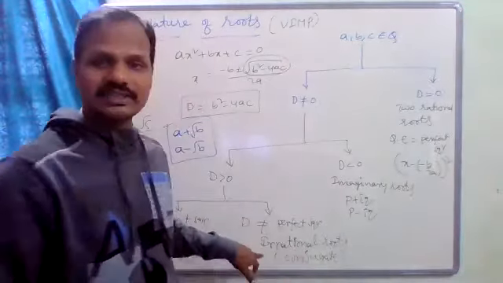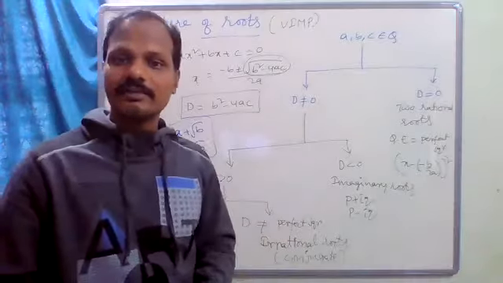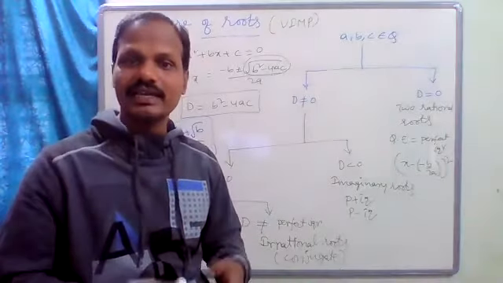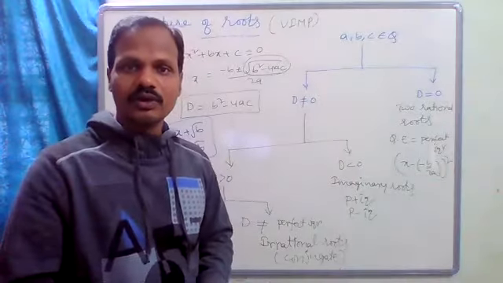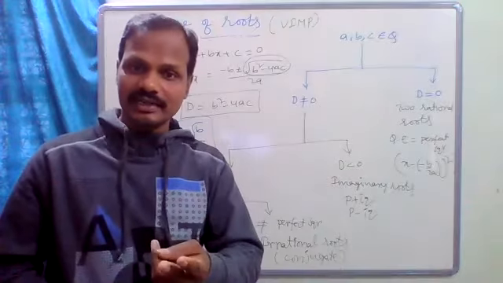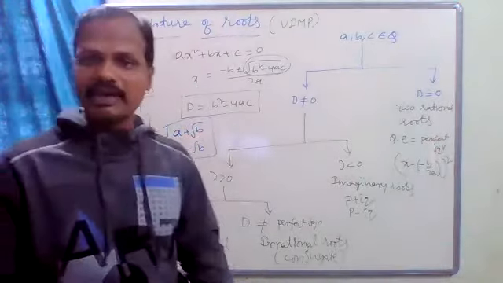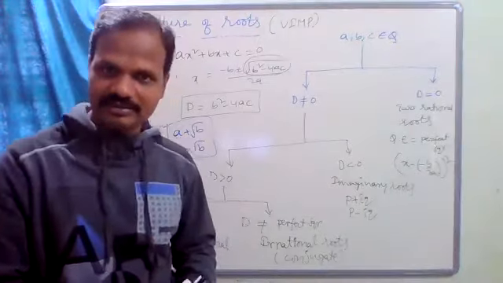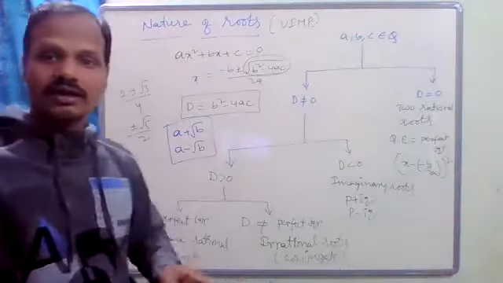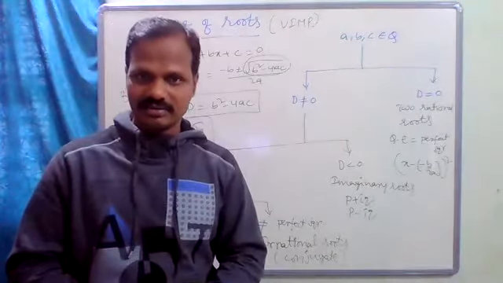If it is not a perfect square, it is an irrational number because it is under root, so we get two irrational roots, for example a plus root b and a minus root b. These two are conjugate pairs.